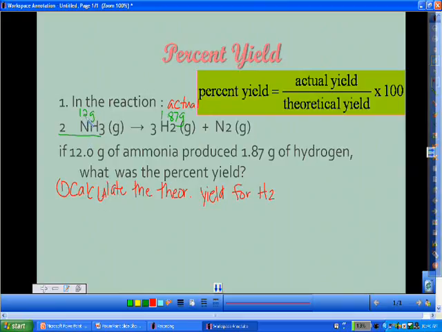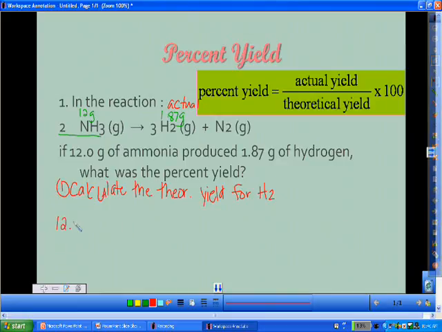So if given 12 grams of NH3, what would our theoretical yield of hydrogen be? We're going to solve and think of your map of Moland. You first have to go from grams to moles, and then you can go from moles of one product to moles of another, and then use molar mass once again to find the mass.